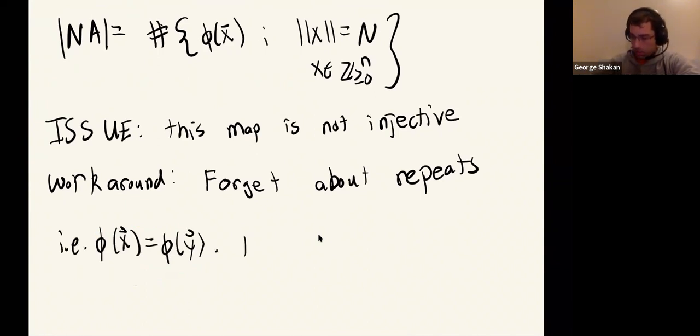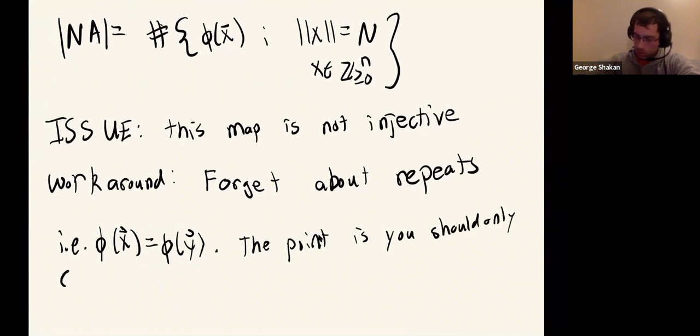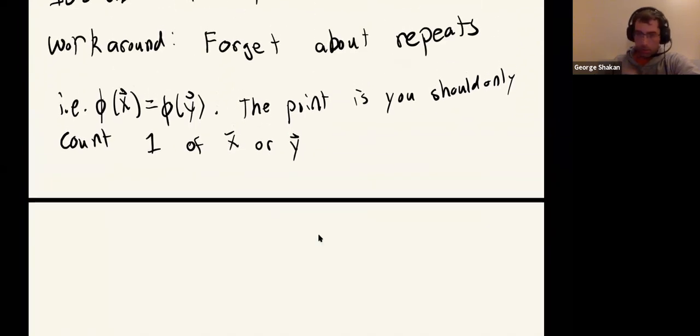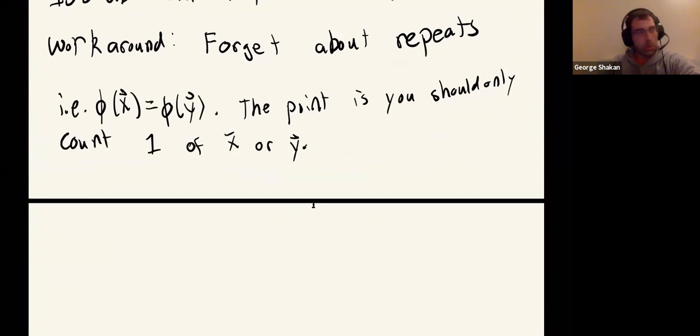And the point is, one of x or y. Okay. But they're able to give a sort of algorithm to do this in a useful way. So you can think of it almost as modded out by some sort of equivalence relation or something.